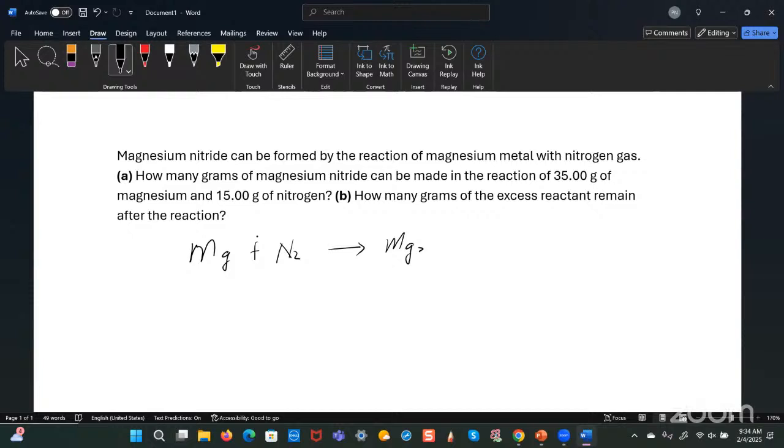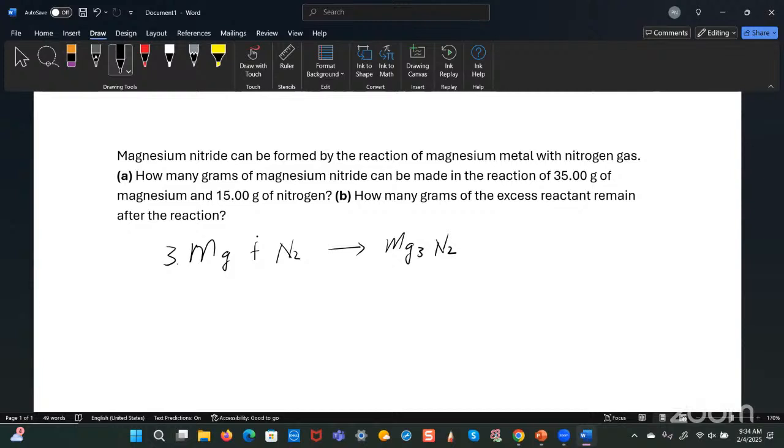Correct. Okay. And then we need to do what? Now that we have the reactants and product formulas, what do we need to do? Balance it. So how do we balance this equation? Put 3 in front of the magnesium on this side, and that's it. You don't need to do anything else. So now we have the balanced equation. So this is basically what you need to do before you do anything else, right?